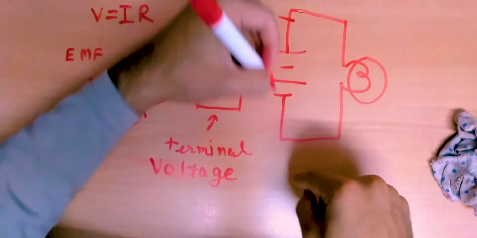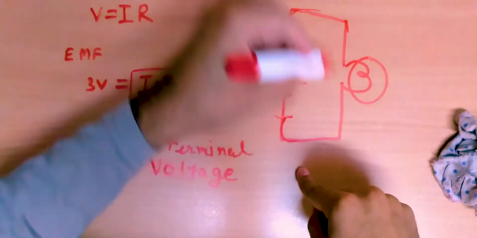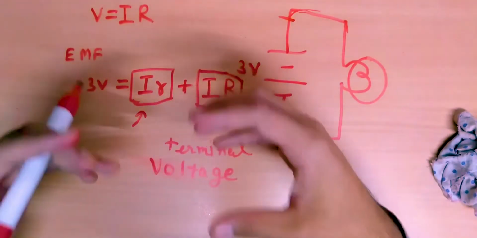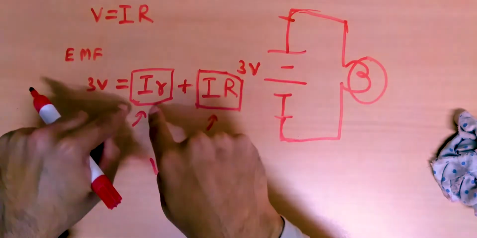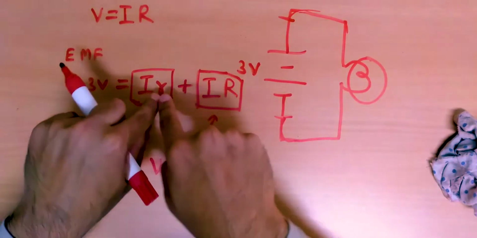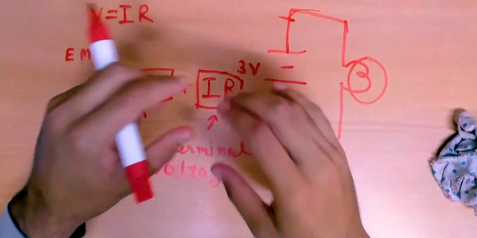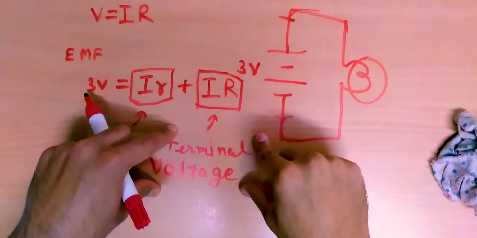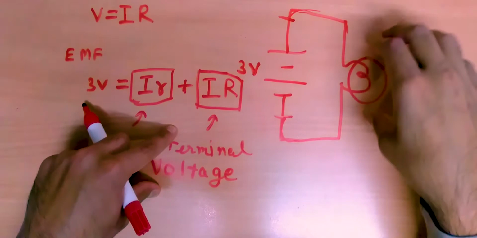So these are the 2 terminals of the battery, and if you connect something, this is the potential difference across these 2 terminals. This is the EMF, that is the total energy that every coulomb of charge gets in this battery, but some of that is wasted. It depends on the internal resistance of the battery, and the net leftover energy per coulomb is called the terminal voltage, which can be used by the device that is connected.